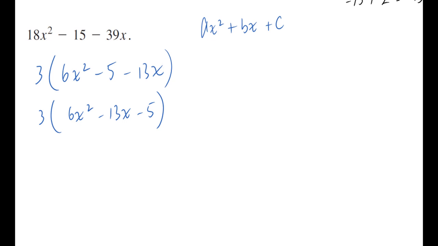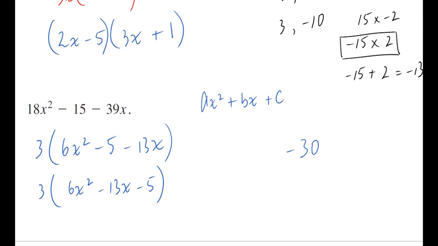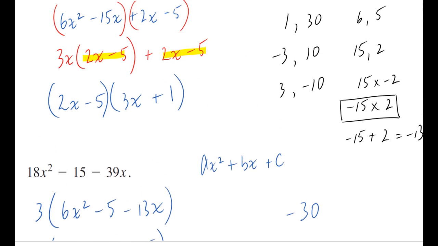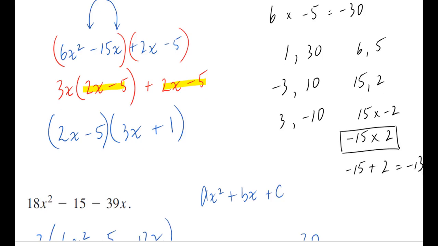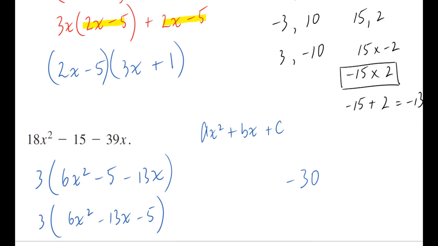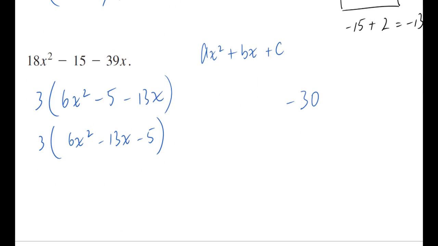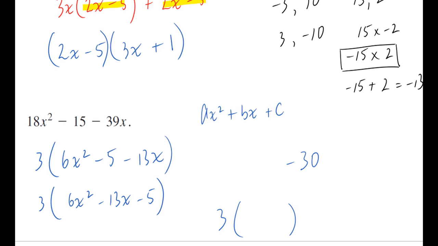We start off by multiplying the a and the c term, which gives us negative 30. And you'll notice something fairly similar to what we did above. You notice something similar now? It's the same question. So our final answer becomes 3, 2x minus 5, and 3x plus 1.